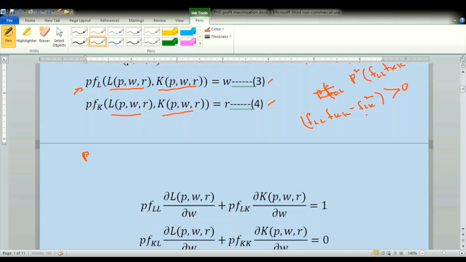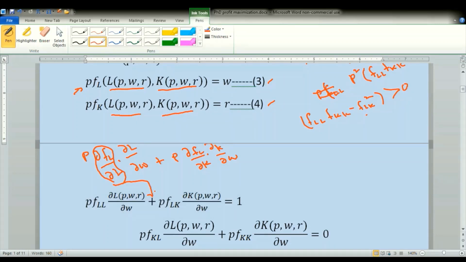P remains at its place, and I say that this is dava FL over dava L, I have to use the chain rule, times dava L over dava W, plus then I have K, so P times, because P will be as it is, dava FL over dava K times dava K over dava W, and this dava FL over dava L is FLL, so here we have this one.